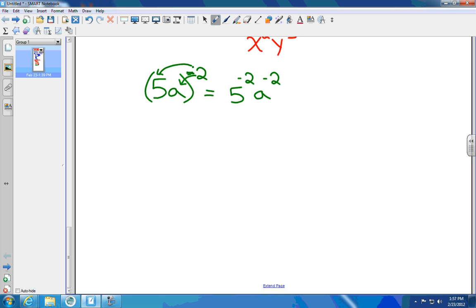Everything up here, this is a negative exponent and so is that. So we have to move all of that. What's going to be left on the top? So we put a 1 over 5 squared a squared. We can simplify that a little bit. What is 5 squared? Yeah, 25. So we have 1 over 25a squared.